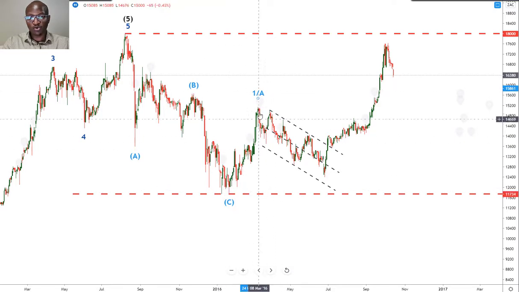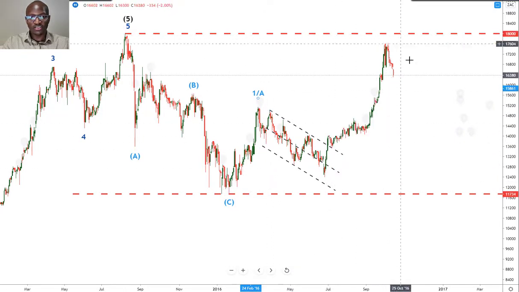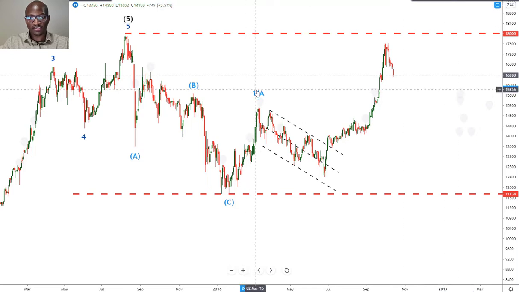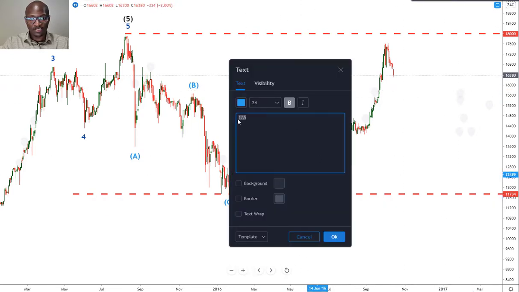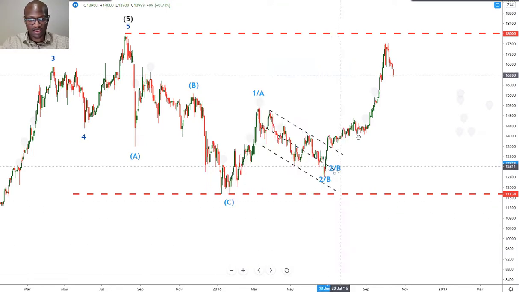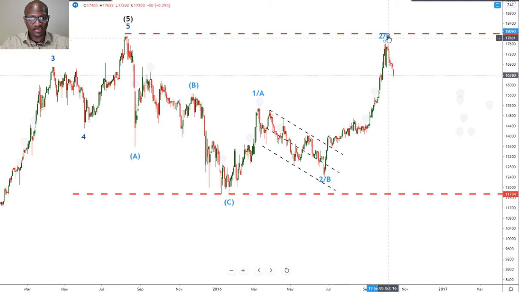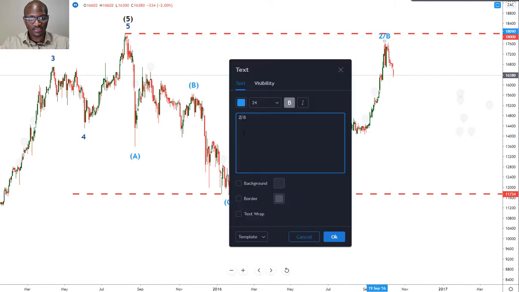The market could still make 1, 2, 3, 4, 5 and start another rally. Here we would have to label this tentatively as 2B. And this peak as 3 or C.